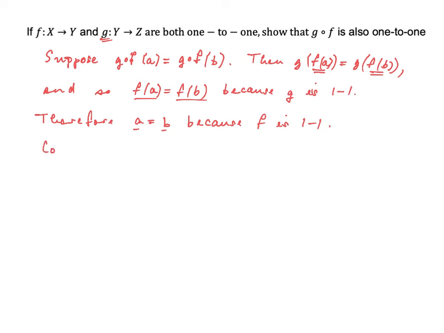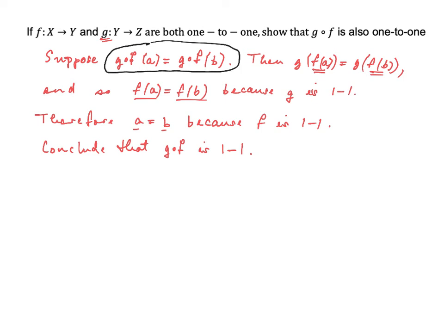And so we can conclude that g circle f is one-to-one. Right, how do we know that? Again, remember, to show that a function is one-to-one, you take two equal outputs, and you show that the inputs were equal to begin with.